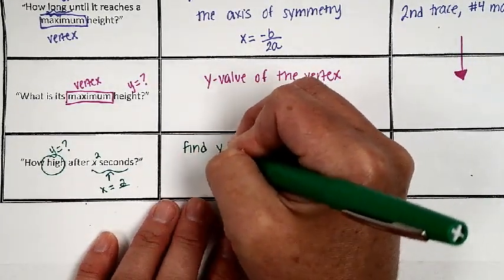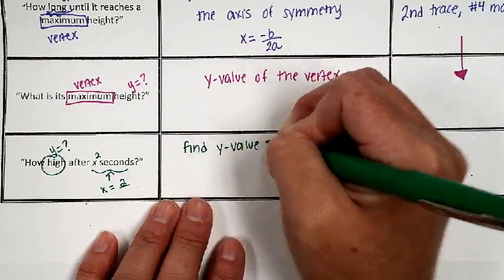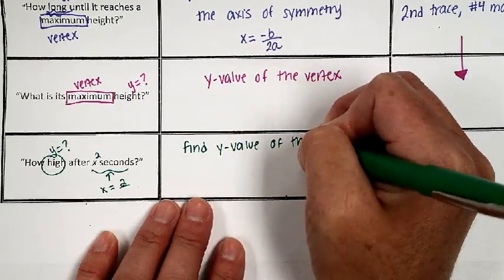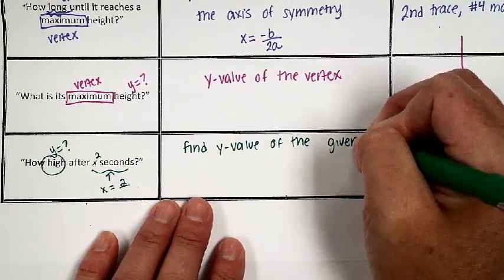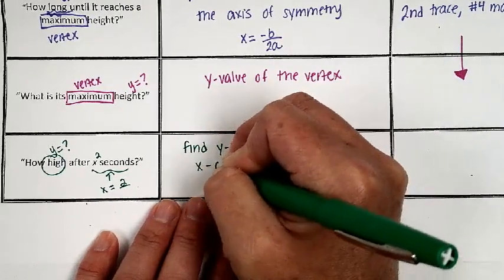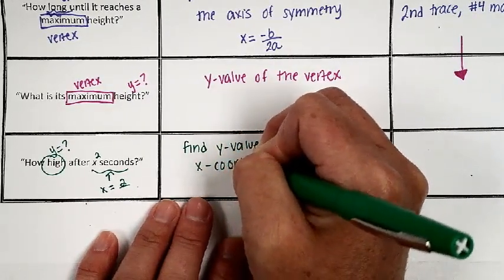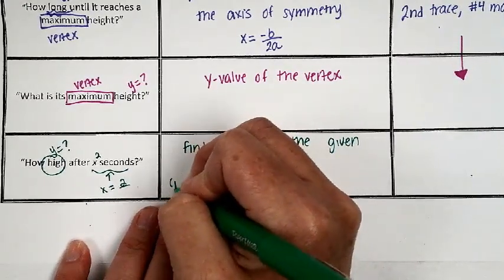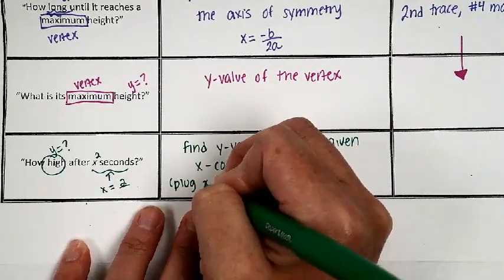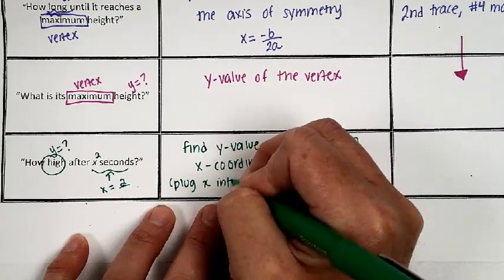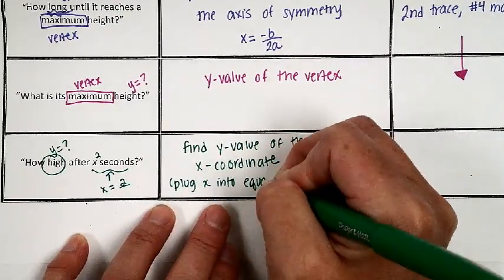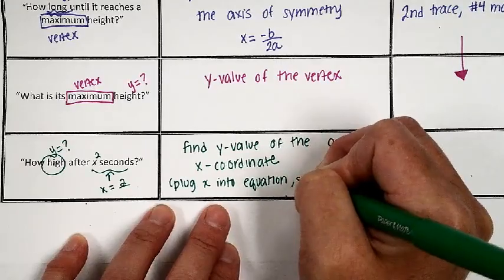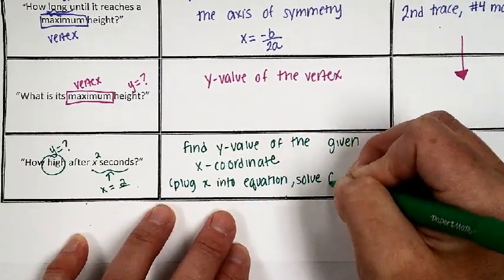So you're just finding the y value of the given x coordinate. Just plugging x into the equation and solving for y.